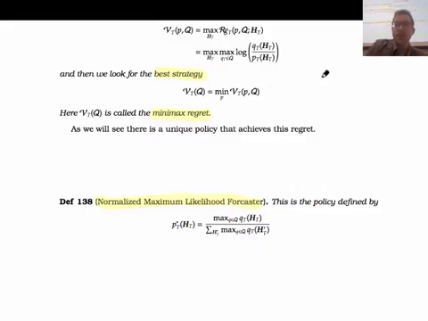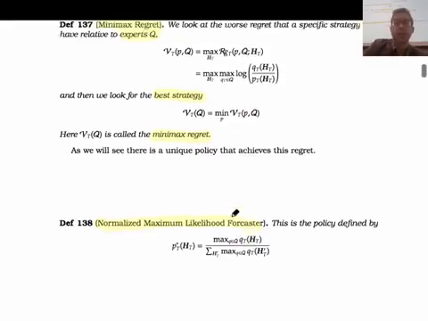This is the prediction policy as follows, where the prediction that I make over this history h of t is given by maximizing over all eventualities this q of t, and then dividing by the appropriate normalizing constant. So from that I can construct a prediction policy under the rule that I just gave you.